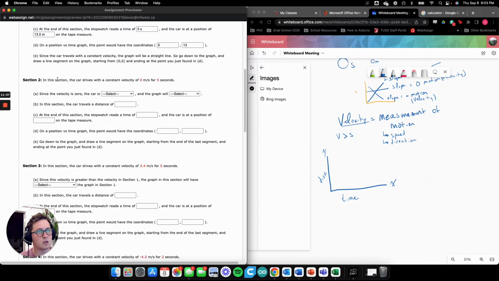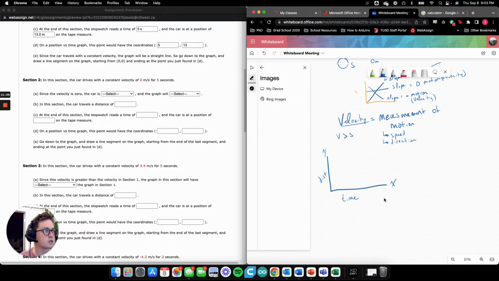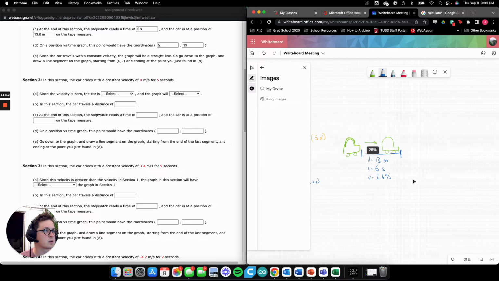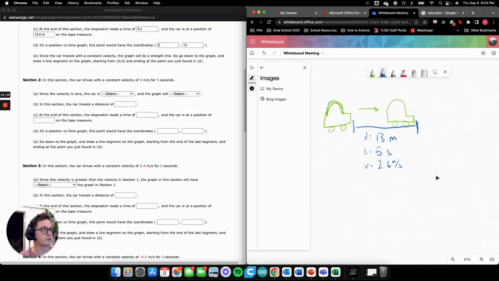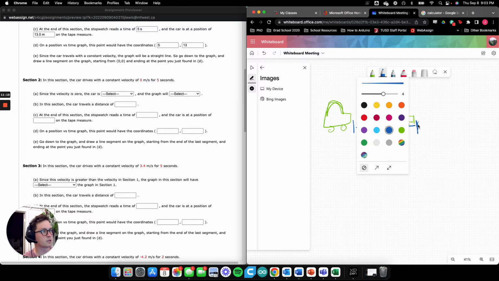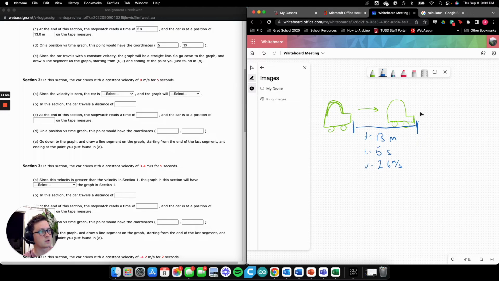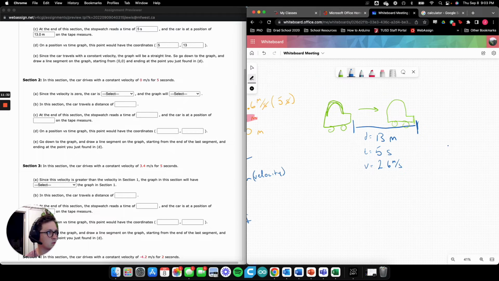Okay, so section 2. So the car keeps going. So back to our car. All right, so this is all section 1. The car is going to keep on moving, keep on trucking, right? So for 5 more seconds, so this is time 1, that's section 1, distance 1, velocity 1.